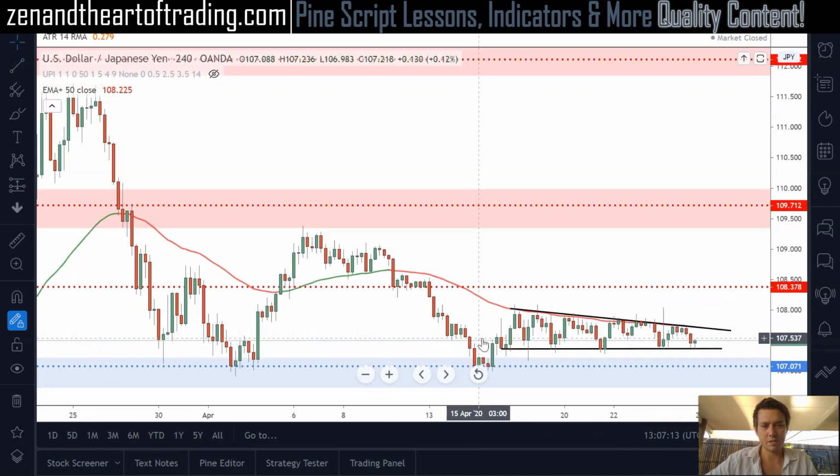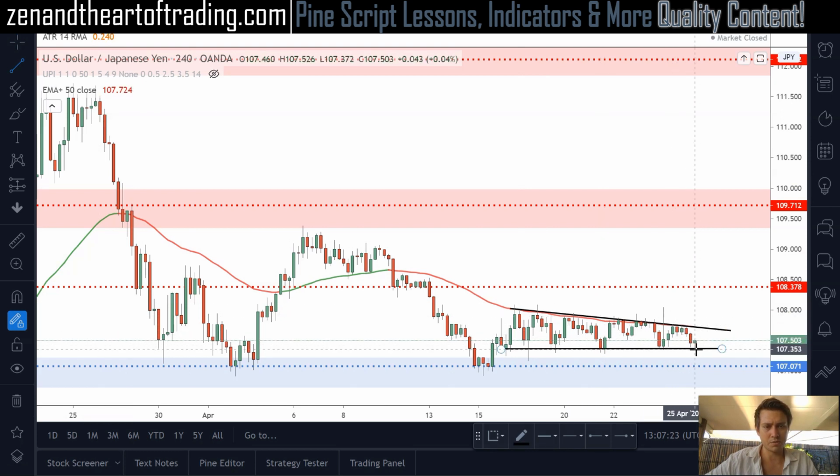But given the fact that we have this major structure support zone so close to this pattern, it's not really a pattern that I see as tradable because of the risk-reward profile. It's skewed. Your stop loss would have to go above these highs, and your take profit would have to be around the bodies of these lows, which gives you a very negative risk-reward ratio. And so I'll be standing aside on this currency pair coming into next week as well.